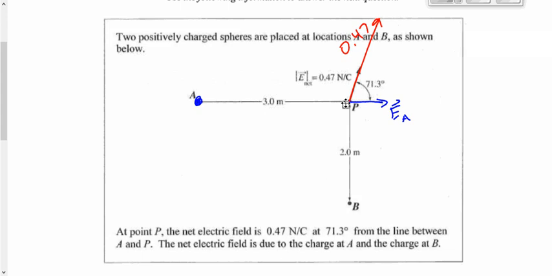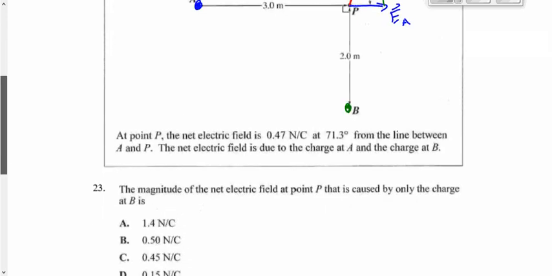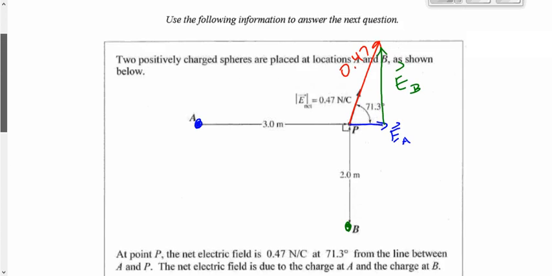And there's also a field caused by this green one that's this way. We'll call that EB. We're trying to find the field caused by B. Well, we could say E is equal to KQ over R squared. We know what R is, but we don't know what Q is, right? What's the easier way to tackle this?